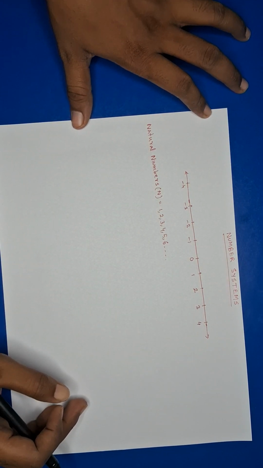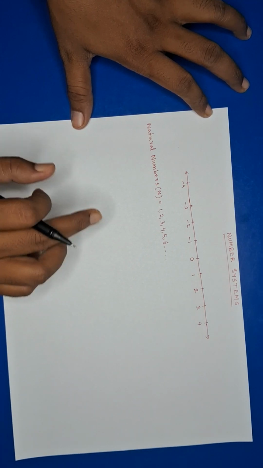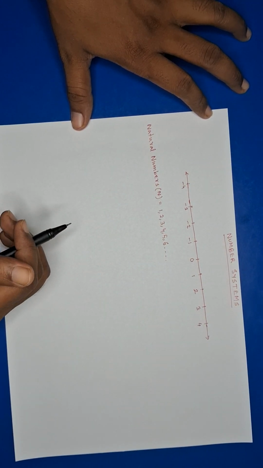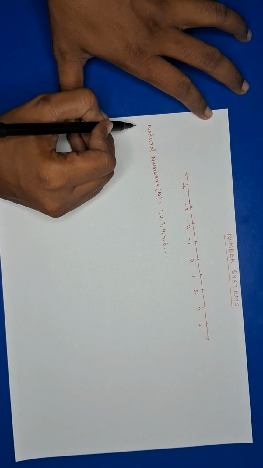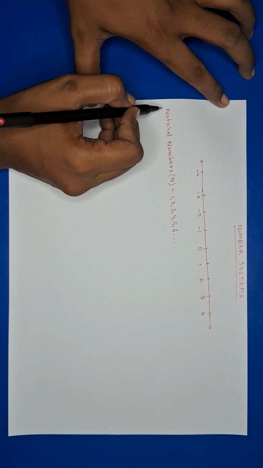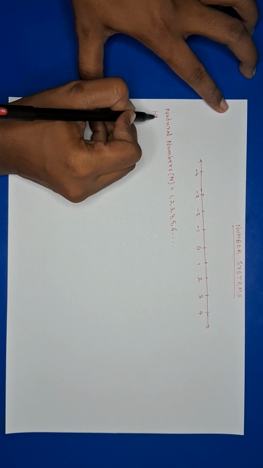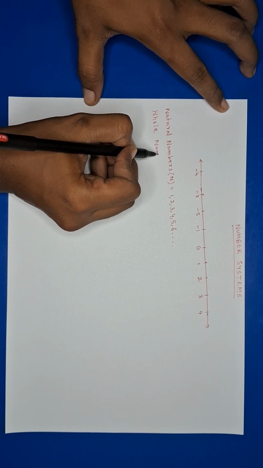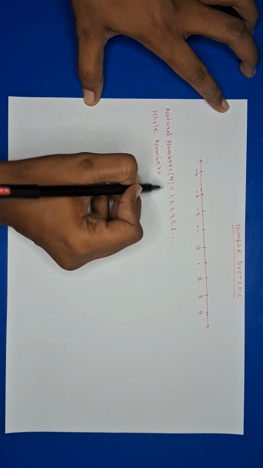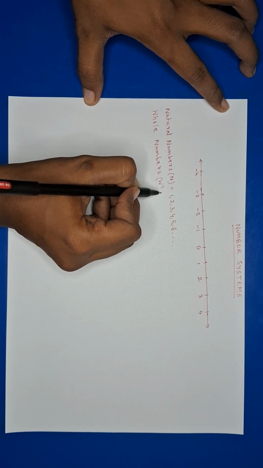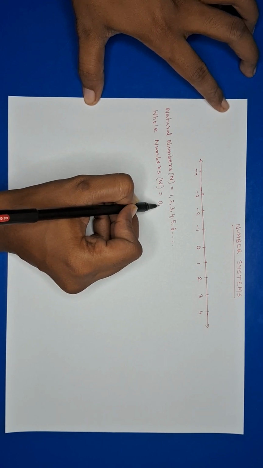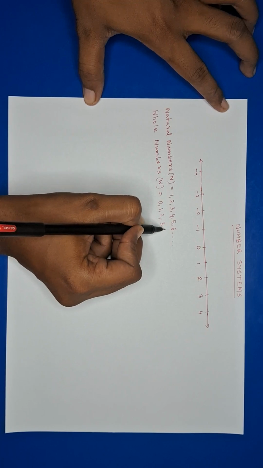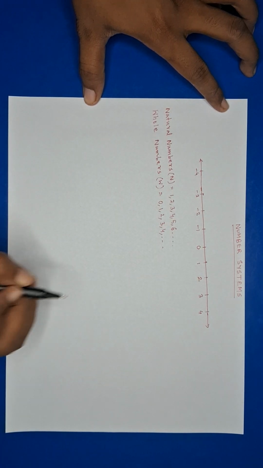Now, if I include 0 with these numbers, then the number system will become whole numbers, and written as W. This consists of 0, 1, 2, 3, 4, and so on.